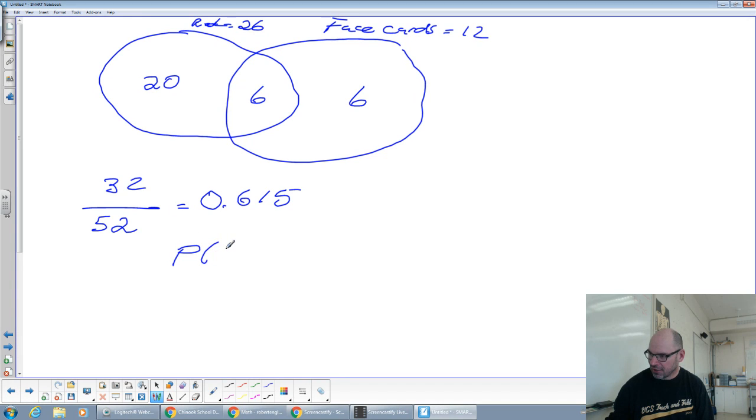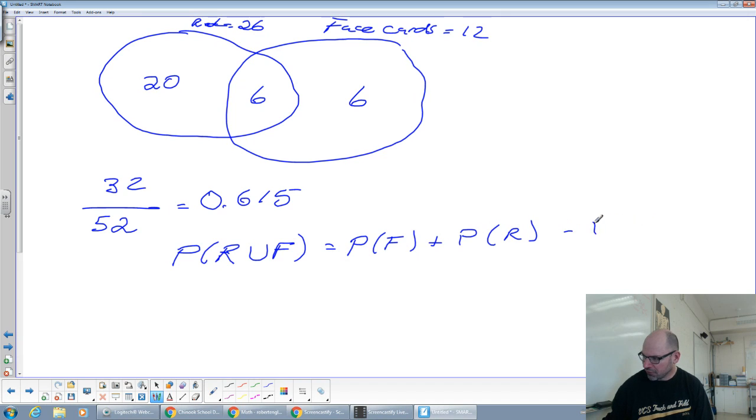Probability of getting a red card or a face card equals the probability of a face card plus the probability of a red card minus the probability of both being a face card and a red card.